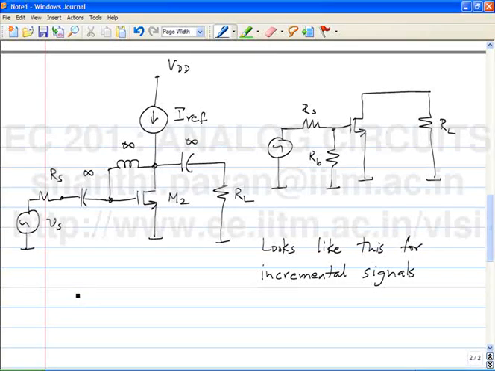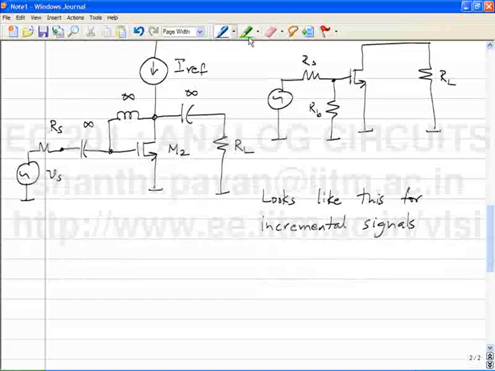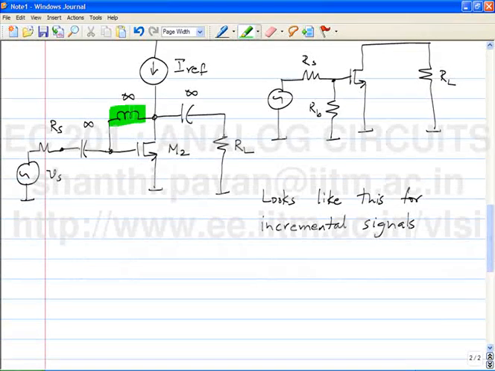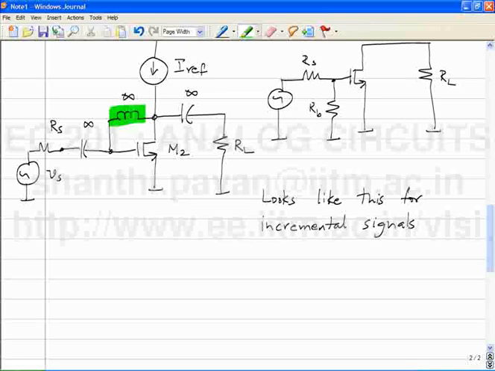Just like an infinite capacitor charged to a voltage V is indistinguishable from a battery of voltage V, by the same token, an infinite inductor carrying a current I is indistinguishable from a current source of value I. Does that make sense? One suggestion is to put an inductor there, an infinite inductor.